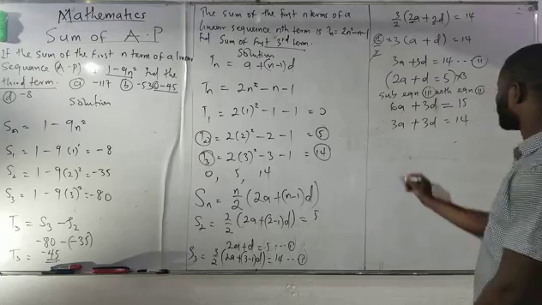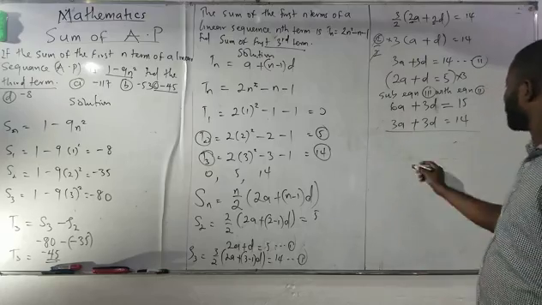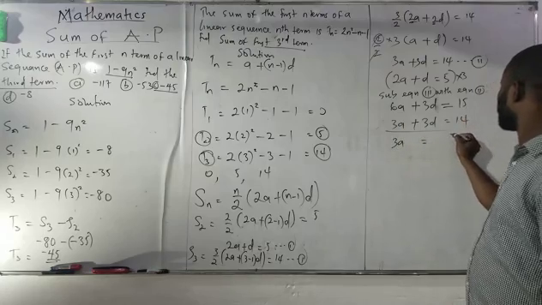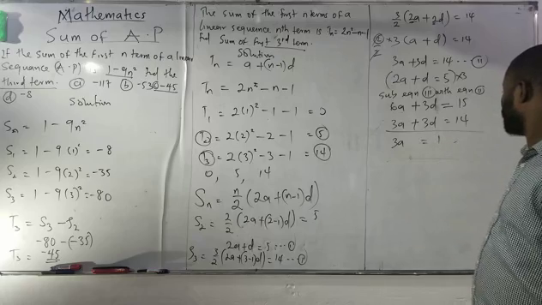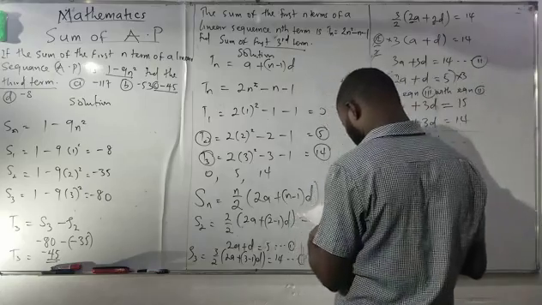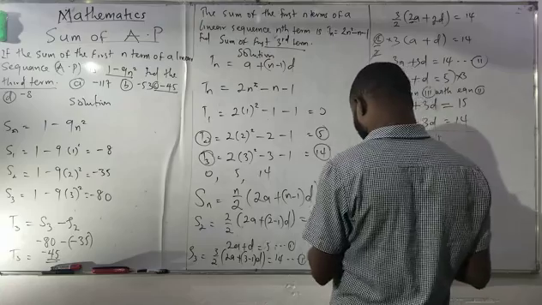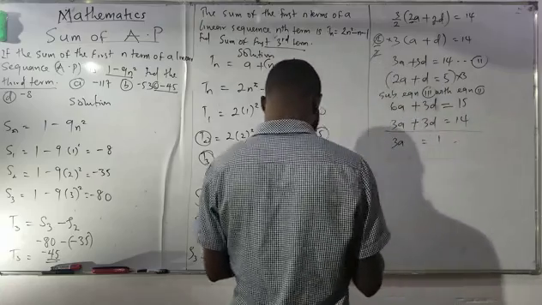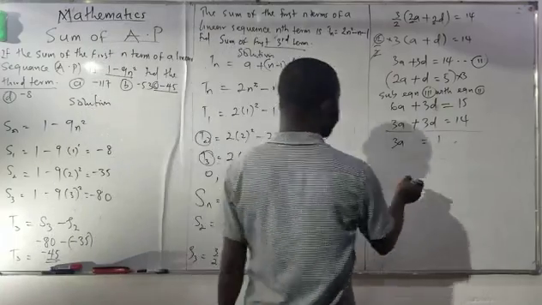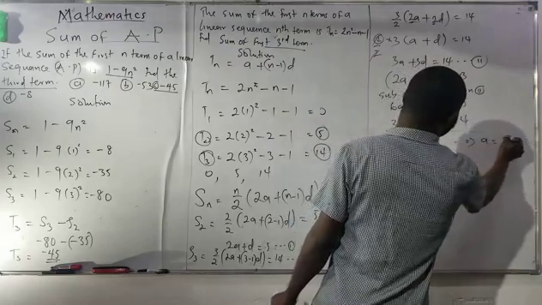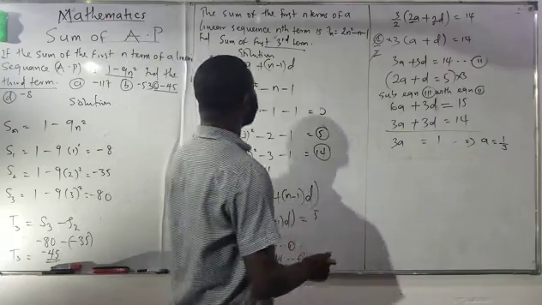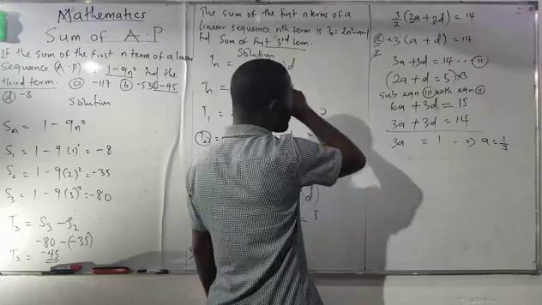Now, what I will do is subtract. This will give us 3a equals 1. Okay, hope I'm not making any mistake. My a will be equal to 1 over 3. Since my a is equal to 1 over 3, I can now proceed to find my d.